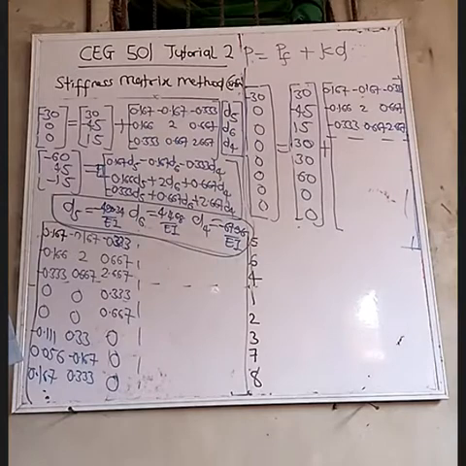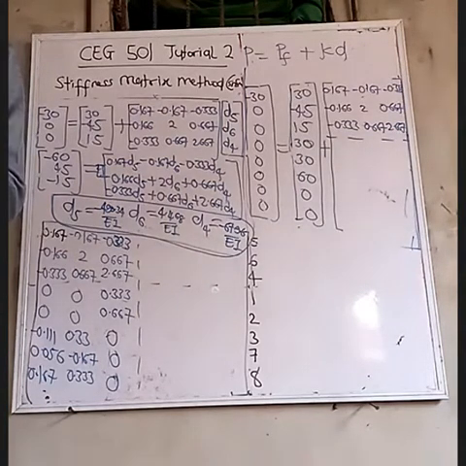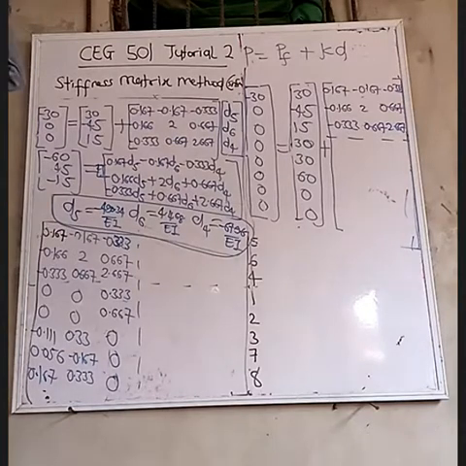Please, can you call the values out? Okay. D5 is minus 490.34 over EI. Then D6 is 4.47. D4 is minus 67.96.